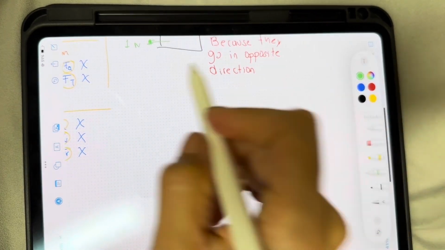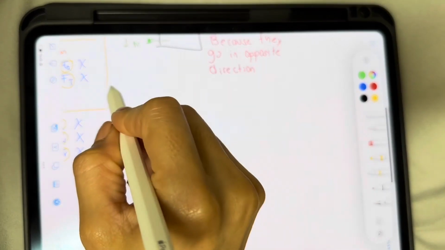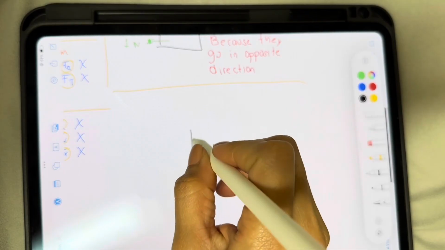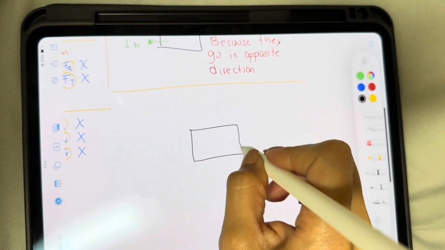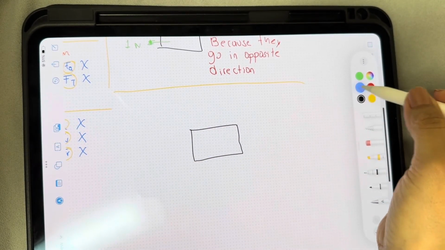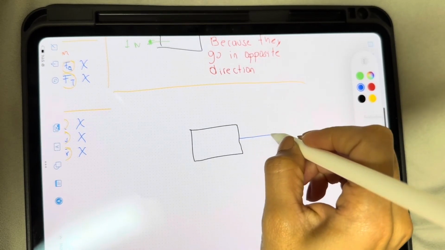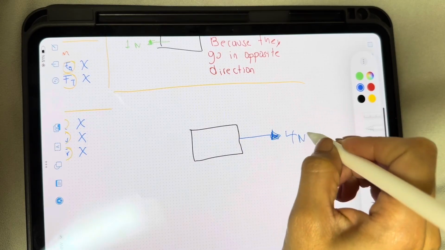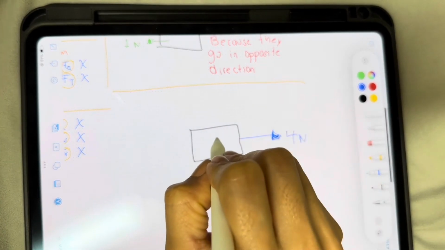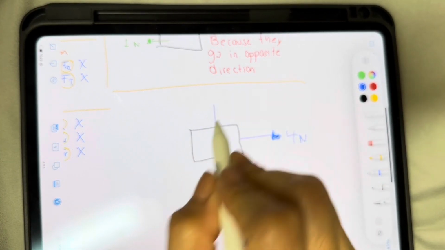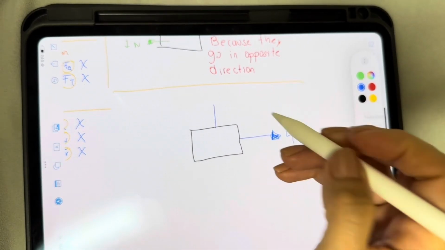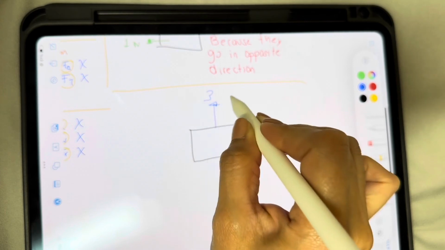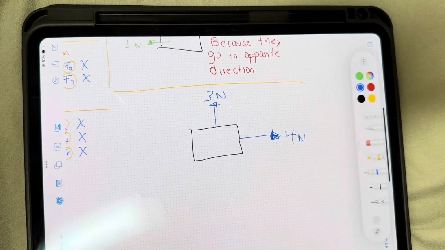How about if they have a box here and one person is pulling this box towards the right with 4 newtons and this person right here is pulling the box upward using 3 newtons.